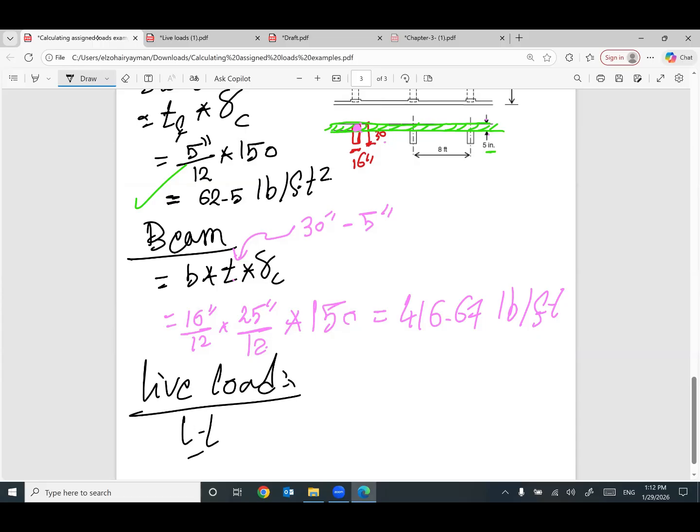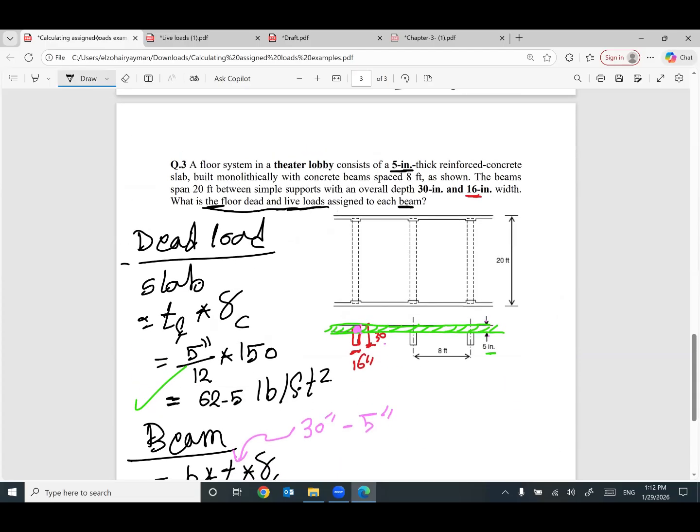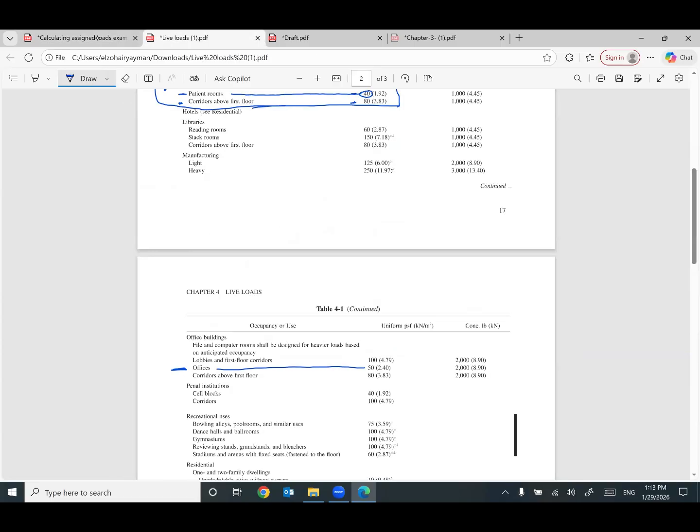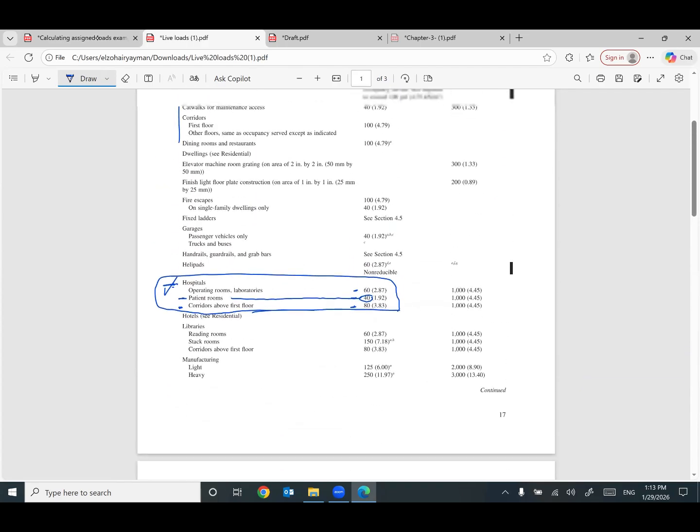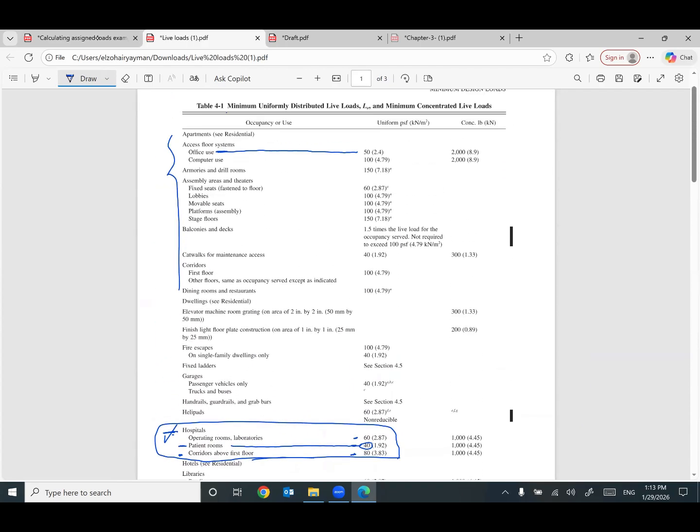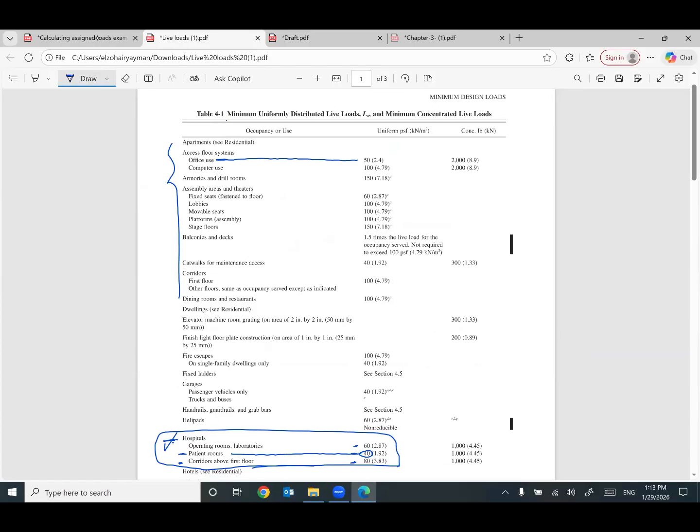How much is the value of the live load? The live load of this floor. I need to open my table. We have theater lobby. So the function of this building is a theater lobby. So open your table. Look at the theater lobby. Here you go.